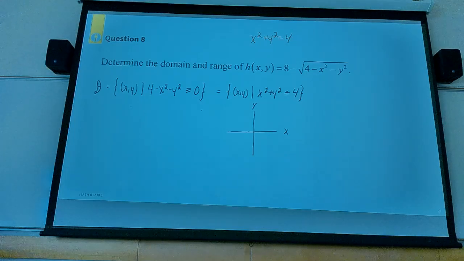Let's see. Well, technically you're not wrong. It is an ellipse, but it's a special type of ellipse. We literally just did it.